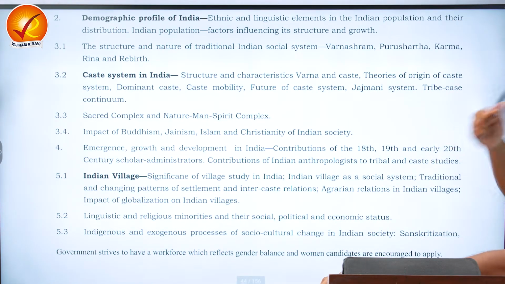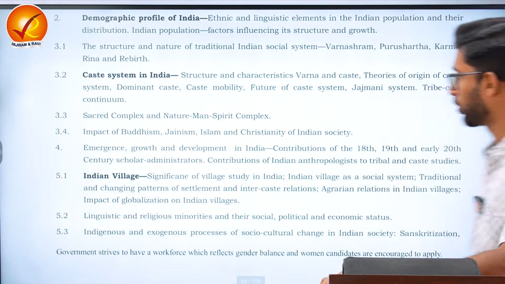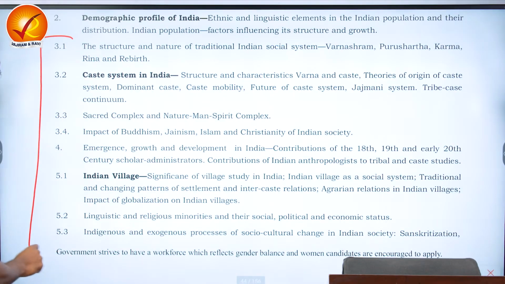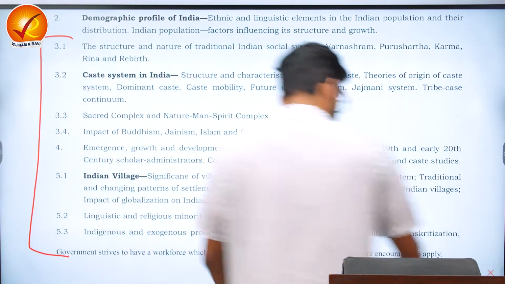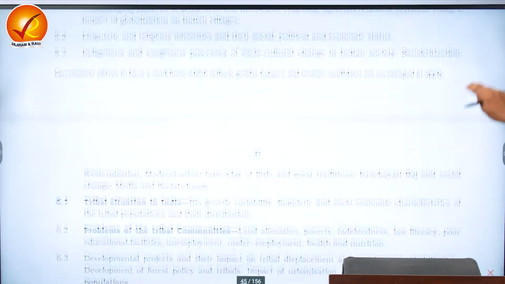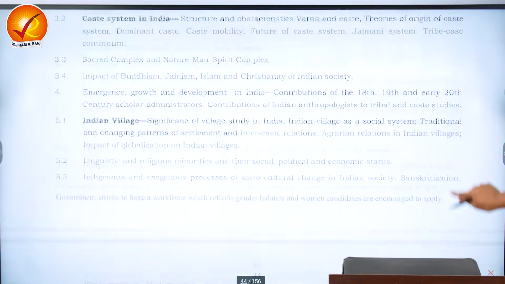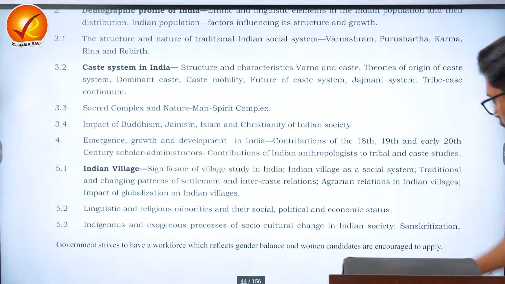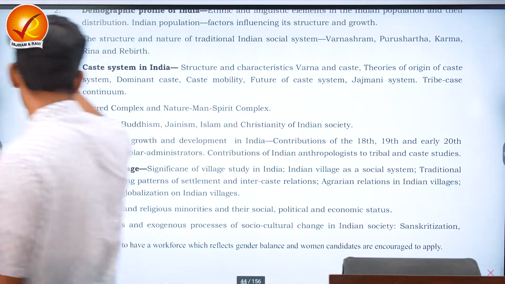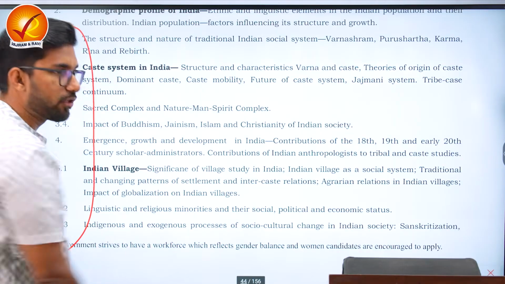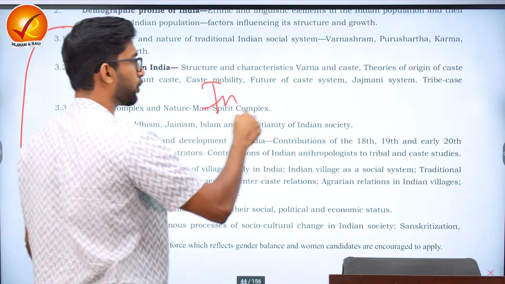Now we go to something called Indian anthropology. So essentially 3.1 to 5.3, all of these units deal with Indian anthropology.